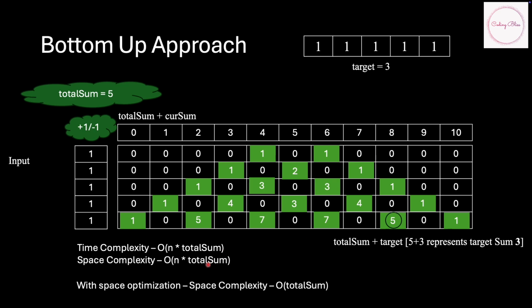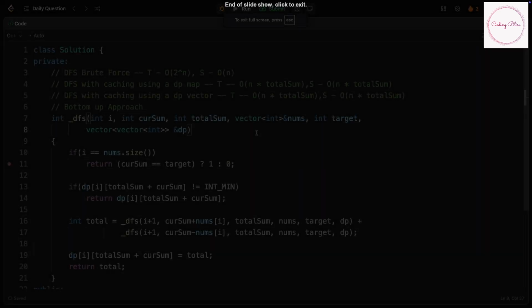Now we could further improve this. Here also the time complexity is order of n into total sum and space complexity is order of n into total sum. But at any given point we just need the current row and the previous row. So we could do a space optimization and get this to order of total sum. So let me do both here and show you how this works.